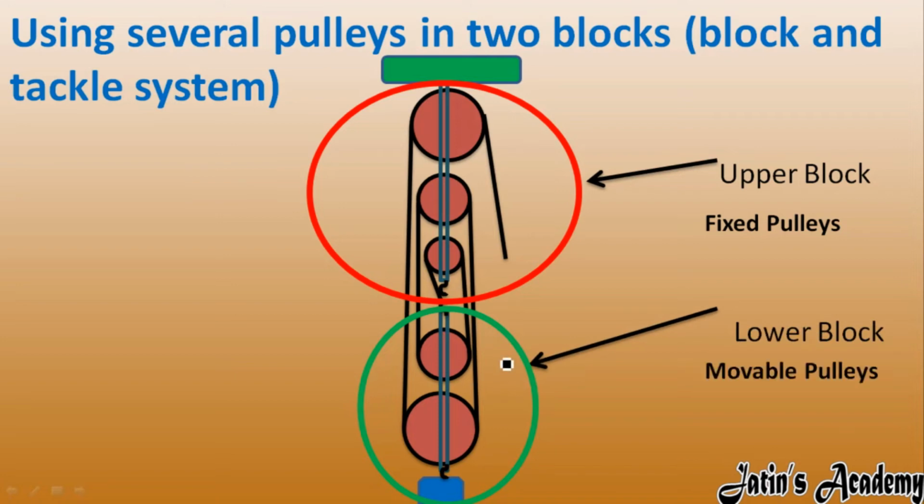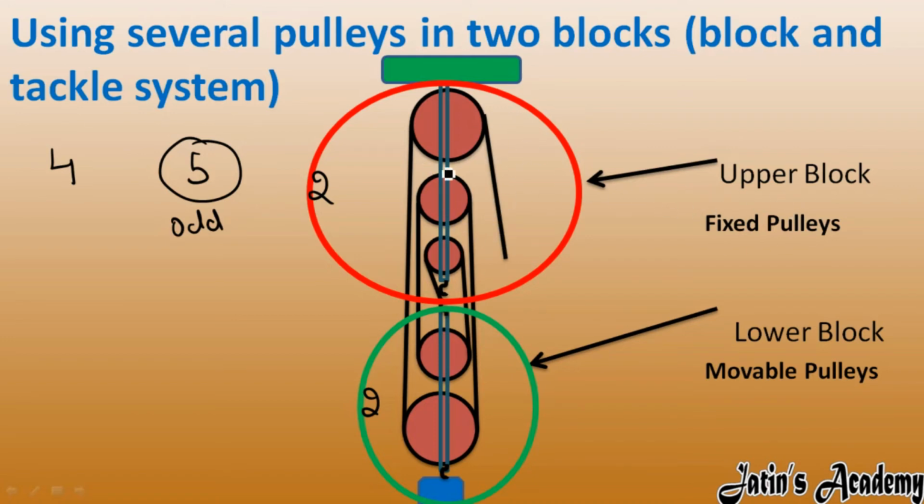Now consider when the number of pulleys is even and when it is odd. For example, in one case I have 4 pulleys and in the second case I have 5 pulleys. Then how will I arrange them? When 4 pulleys are there, then 2 pulleys go to the upper block and 2 pulleys go to the lower block. But if 5 pulleys are there, an odd number, then we have to take one more pulley extra in the fixed or upper block.